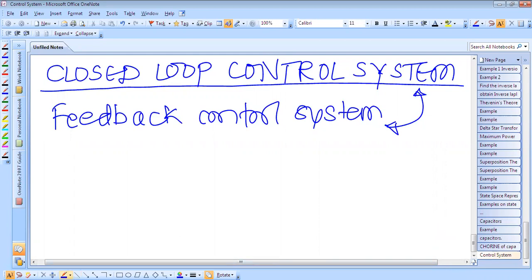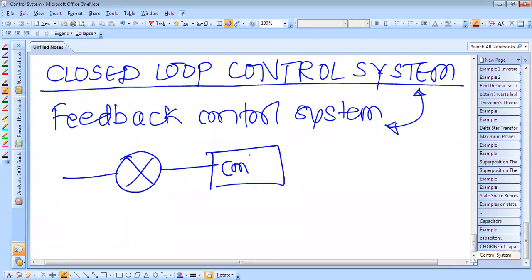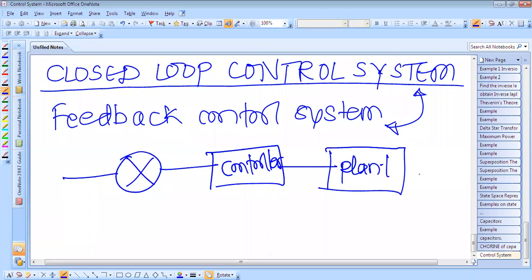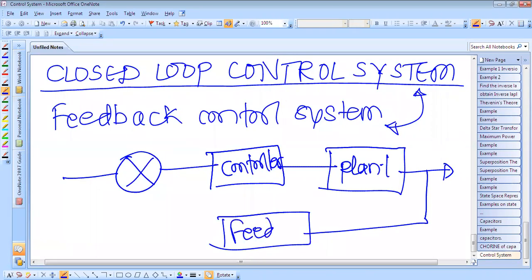If you draw the block diagram for this control system, it will be again the same. This is the controller. Here is your plant or system, of which you are going to control some values, and this is the feedback, and it is given to the comparator.